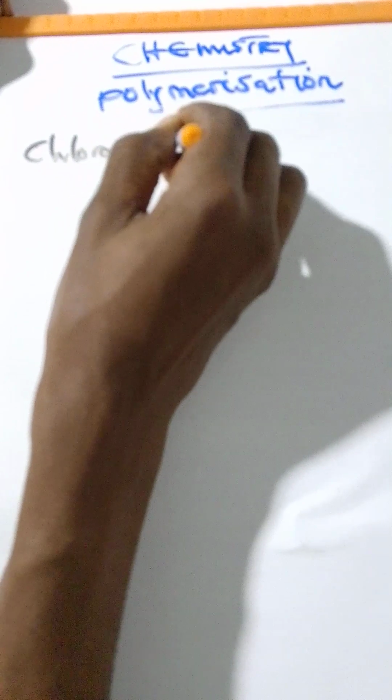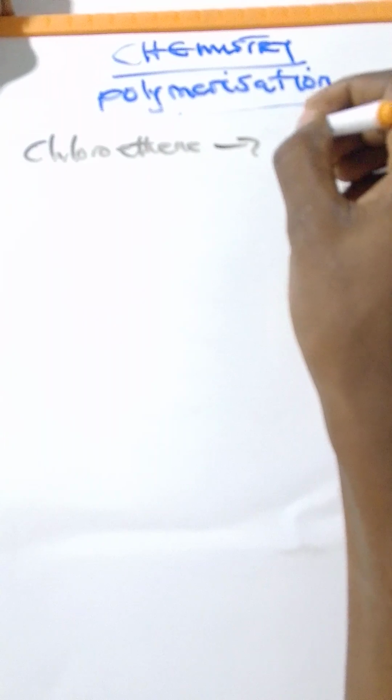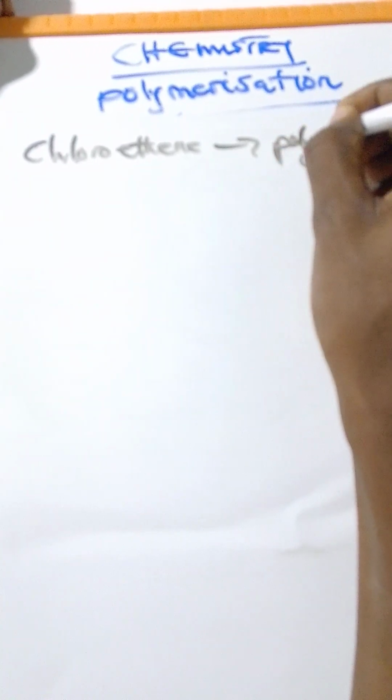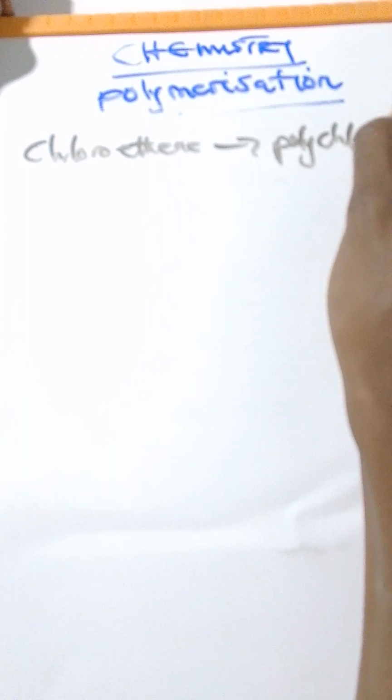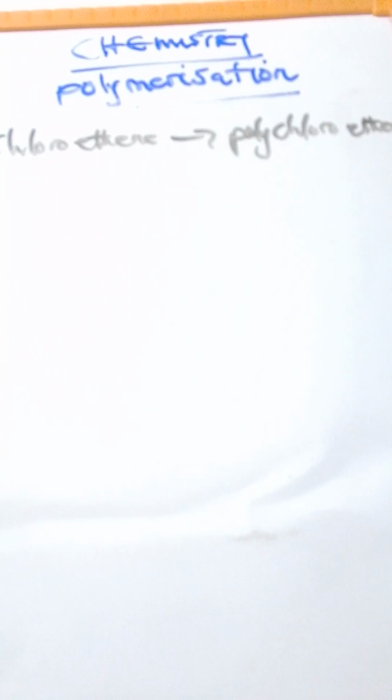So we have what you call chloroethene to produce polychloroethene. Okay, it's either side. So we are saying chloroethene as a monomer is used to produce polychloroethene. So ethene is like a common ingredient in this one.